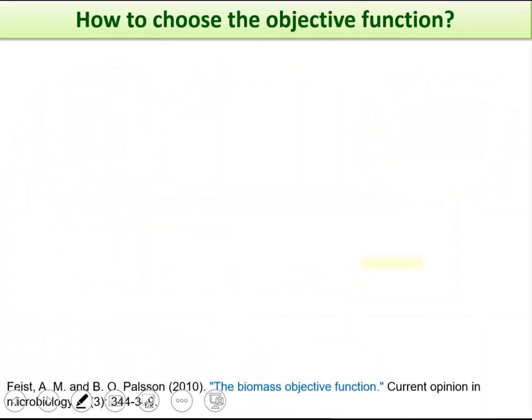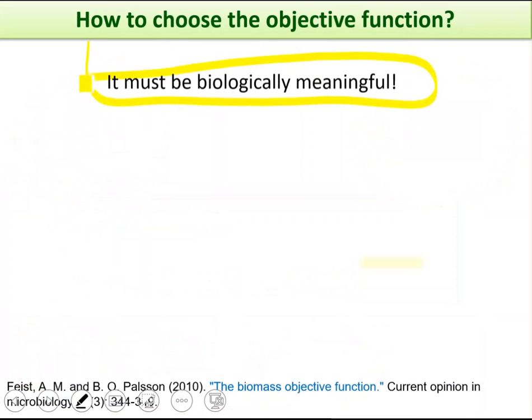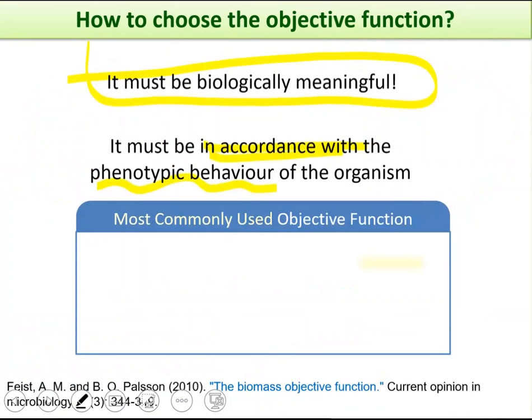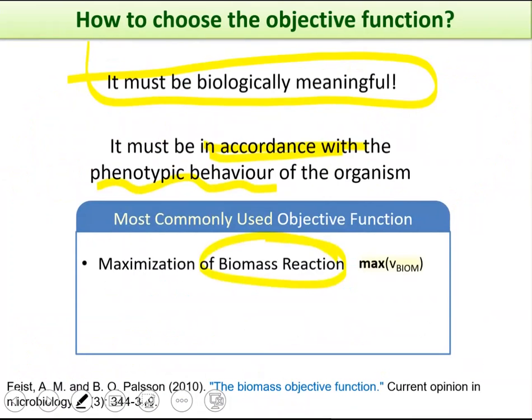So how to choose the objective function? It is important that the objective function we choose must be biologically meaningful. It must be in accordance with the phenotypic behavior of the organism. So the most commonly used objective function, therefore, is biomass reaction maximization for microorganisms.